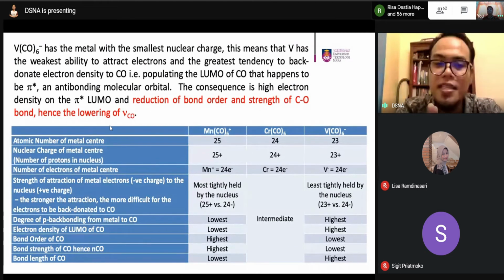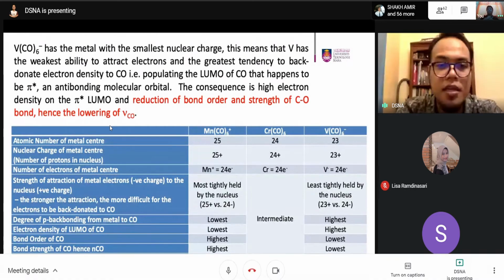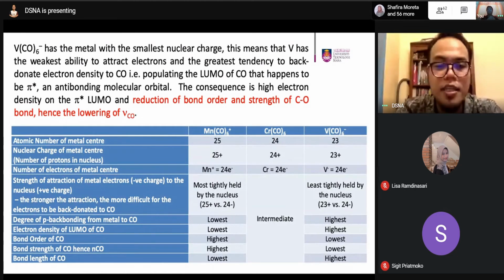The shifting actually tells you whether the bond is weakened or the bond is strengthened. That's why there is no strict formula that says it should be higher frequency in the complex or lower frequency in the complex. It can be either way, because your bond can be weakened or strengthened.